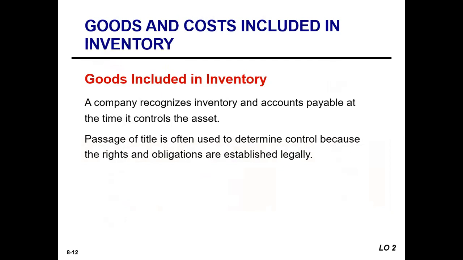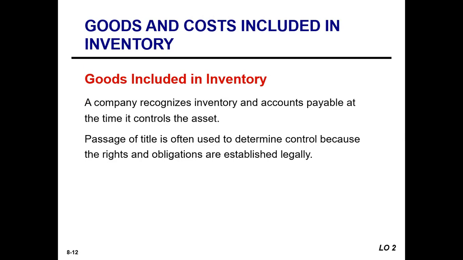So, depending on our shipping terms, for example, and I think this is shown on the next slide, whether our goods in transit were shipped FOB shipping point or FOB destination, and who paid for the shipping costs. If the buyer pays for the shipping cost, FOB shipping point, then the buyer has legal title to the goods, has control of the asset, right?